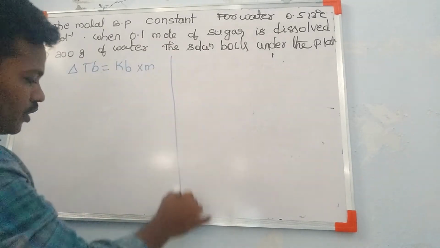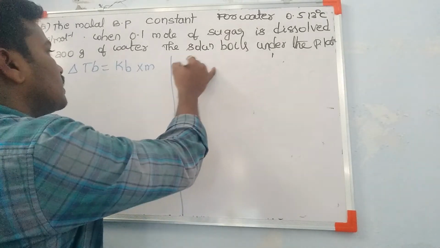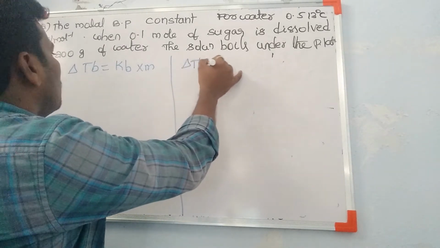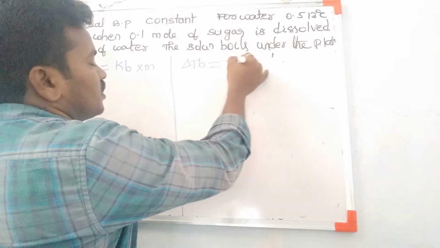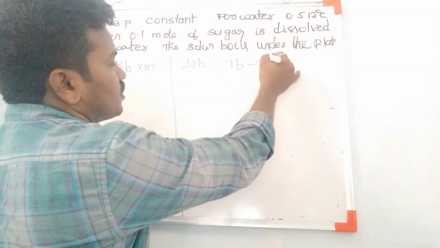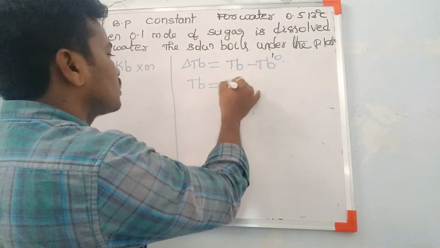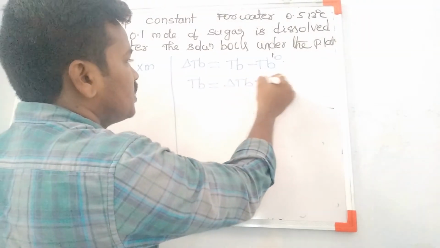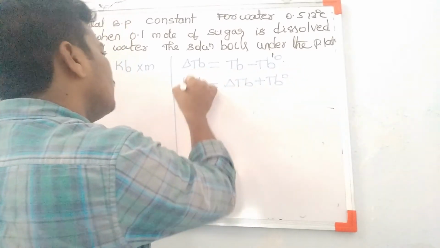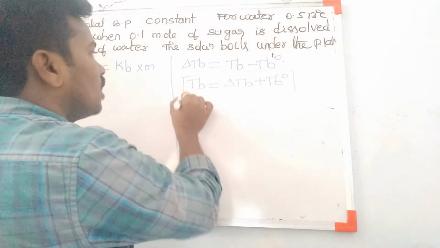What they are asking in the question is generally the elevation in boiling point, the difference between the boiling point of the solution and that of the solvent. Finally we have to calculate this.